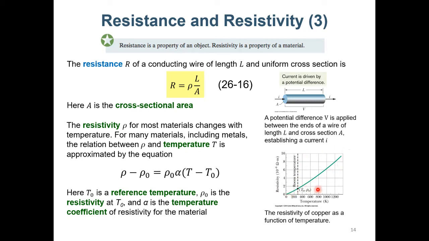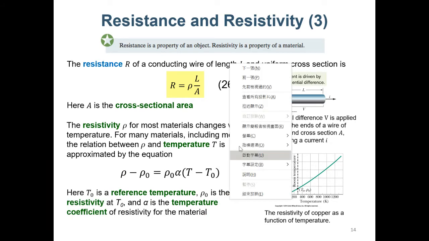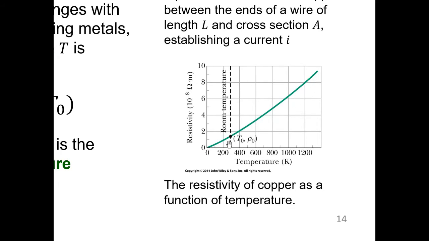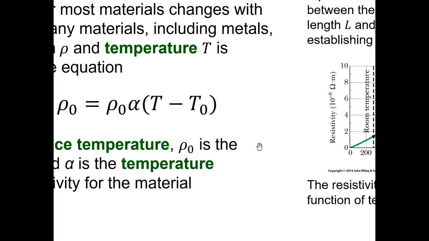You can see it here. Actually, you can see it is a little bit bent. It is not actually linear, but for simple calculation, we just assume a linear relationship between them so that calculation can be easier.